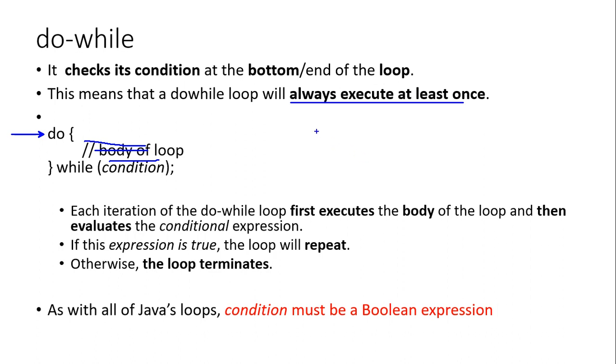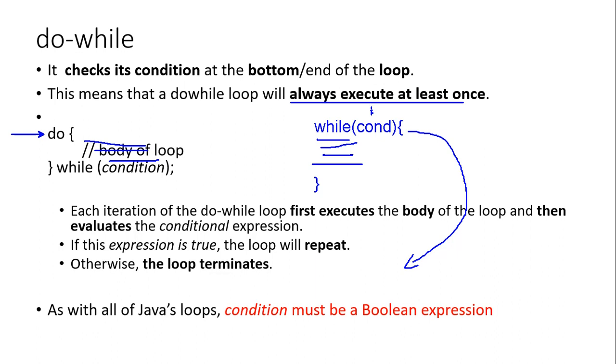In the while loop, which you have already seen, if the condition is false right at the beginning, the control will simply come out of the loop without executing the body of the loop even once. It simply ignores this statement and goes out of the loop.